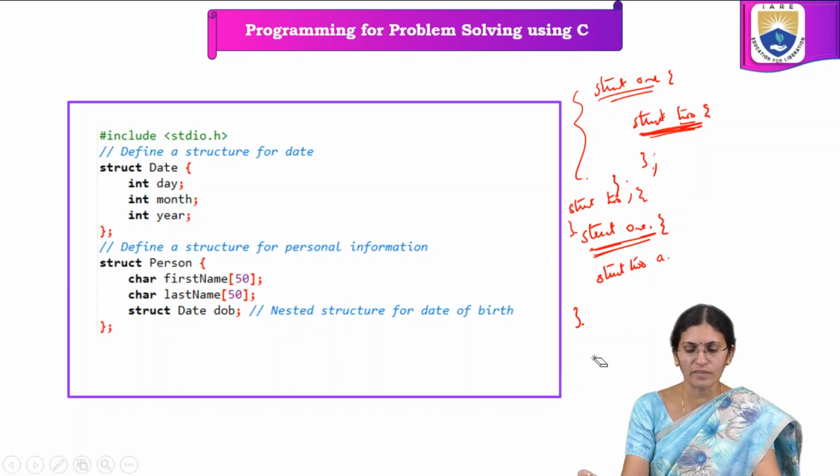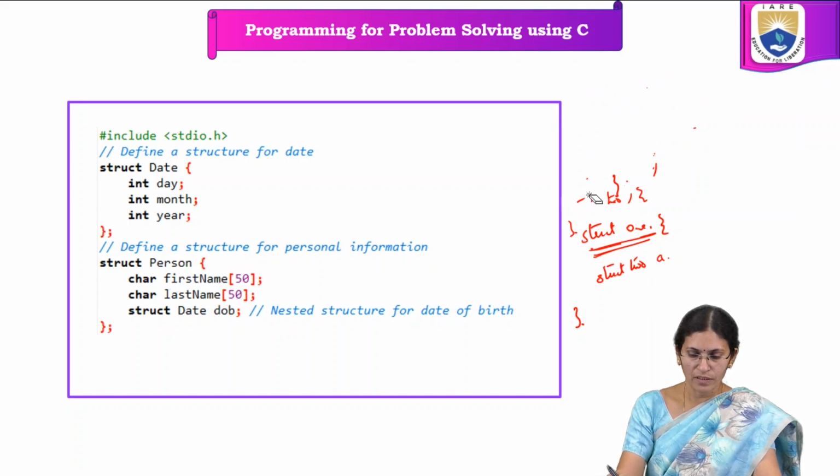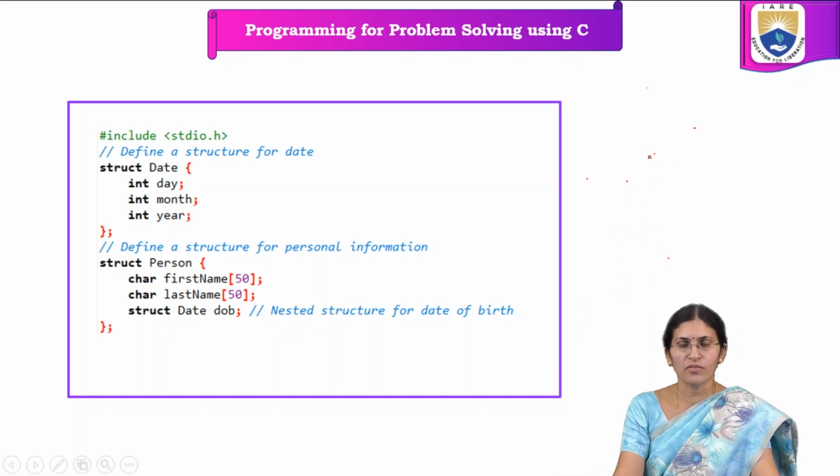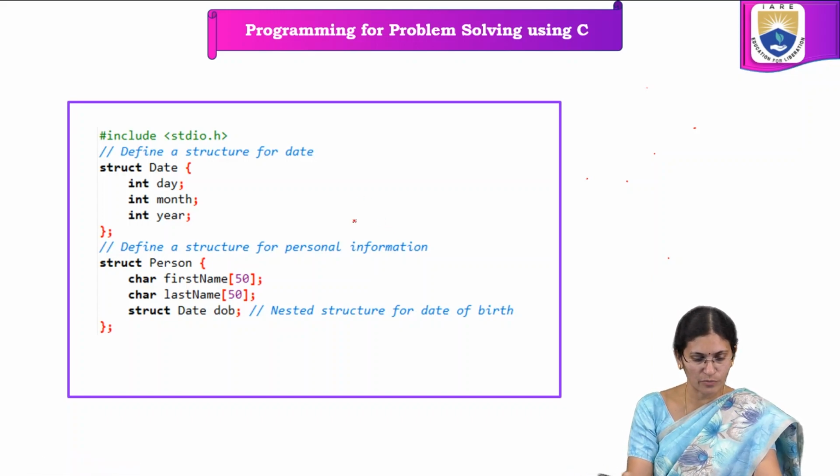So these are the two ways in which we can declare a nested structure. I have used the second approach here, where the variable of one structure is declared inside another structure.